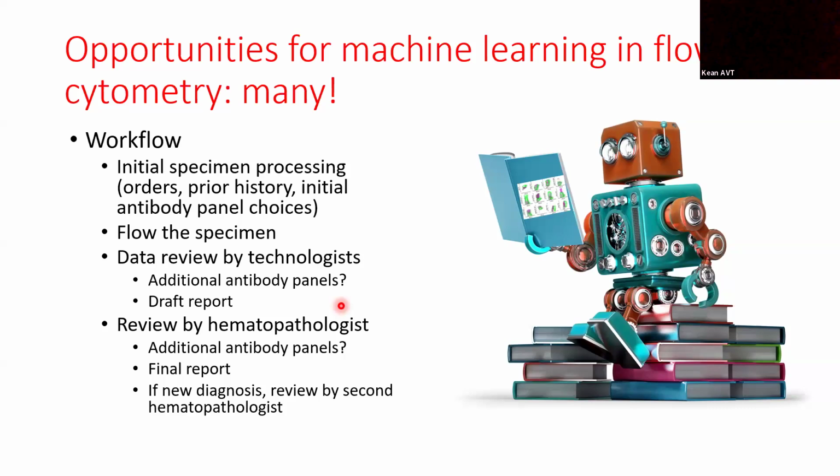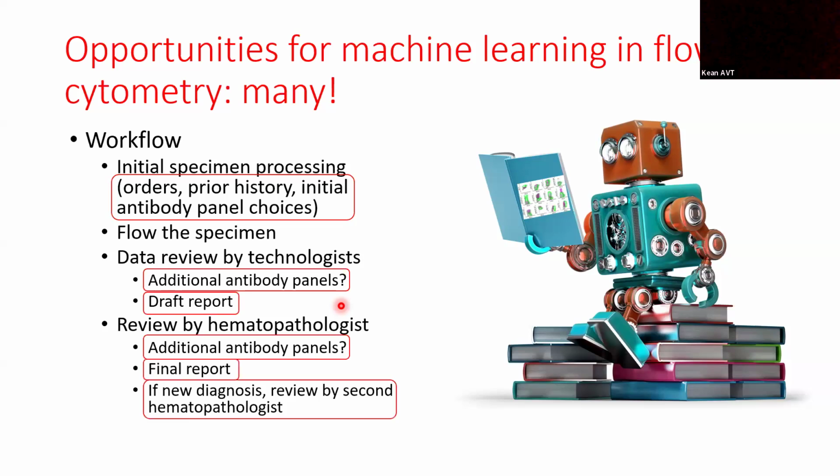And then it's reviewed by hematopathologists who may also do the same. So machine learning might help us with reviewing the prior history, maybe making the initial antibody panel choices for us, and could help us draft the reports before we get to it.